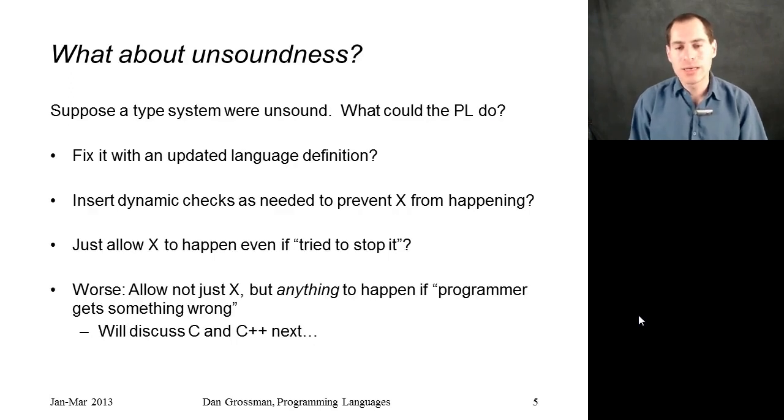So what if we did want to have false negatives? What if we did have a type system that were unsound, that claimed to prevent x, but there were programs that the type checker accepted, and it actually, when you ran those programs, x could happen? What could the programming language do? Well, first, maybe it was just a mistake in the design of the language, and we should update the language to come up with a more restrictive type system that rejects more programs to eliminate all of those false negatives.